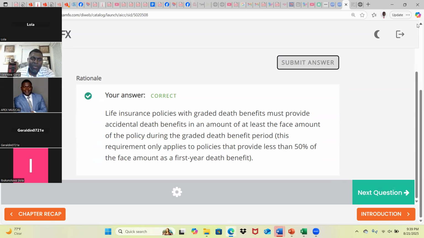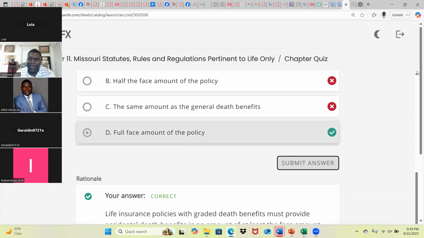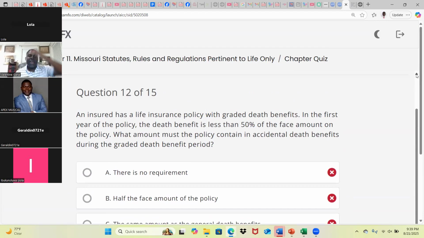All right. I'll explain why I thought it was D. I've never seen this question; it's the first time I'm seeing it. They say an insurer has a life insurance policy with graded death benefits. In the first year, the death benefit is less than 50% of the amount on the policy. What amount must the policy contain in accidental death benefits during the graded death benefit period? There is a deduced meaning here.